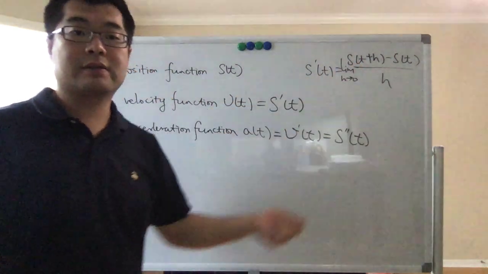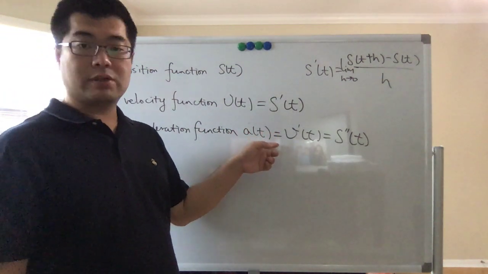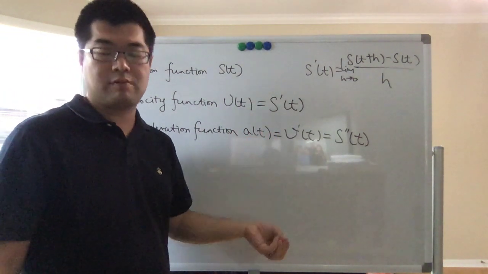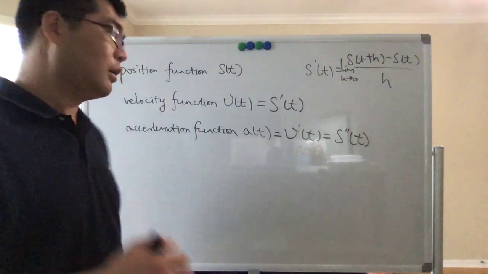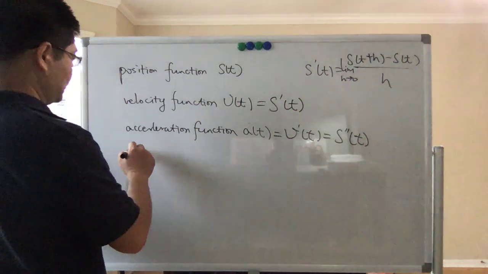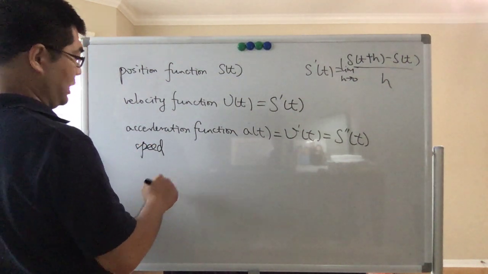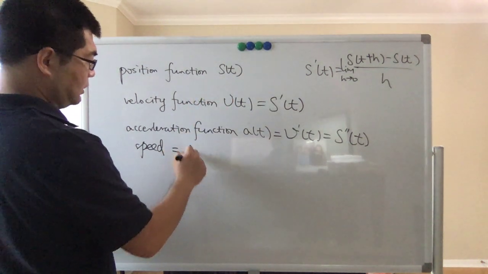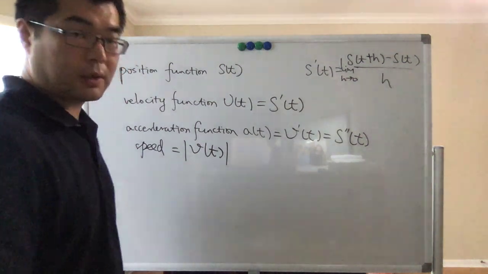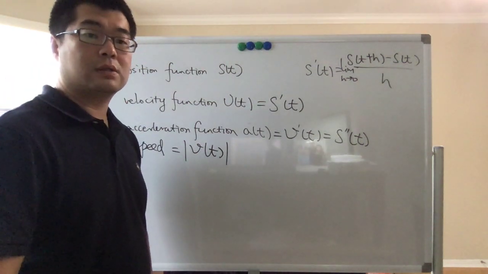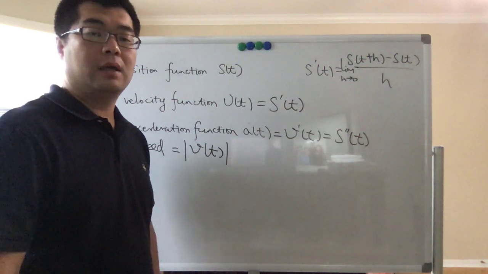Similarly, we can use a similar idea to get acceleration at time t, which is the derivative of the velocity function, okay? And also, guys, speed equals the absolute value of the velocity. So in other words, speed will always be greater than or equal to 0.